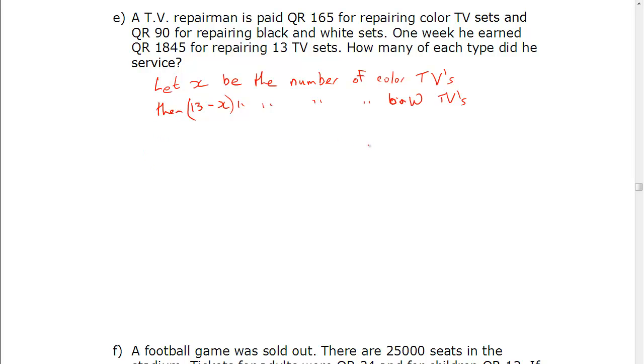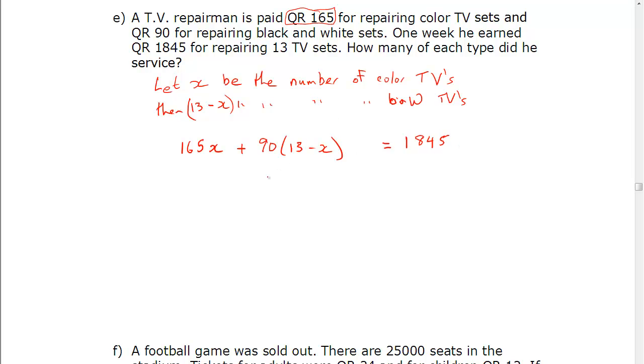So we know the total cost to repair them was 1845. The cost for repairing a color TV was 165 riyals for 1. So 2 is 2 times that. We have x, so we're going to multiply the cost for 1 times x for color, and the cost of 1 is 90 for black and white times the number of black and white, which is 13 minus x, and that's equal to the total cost.